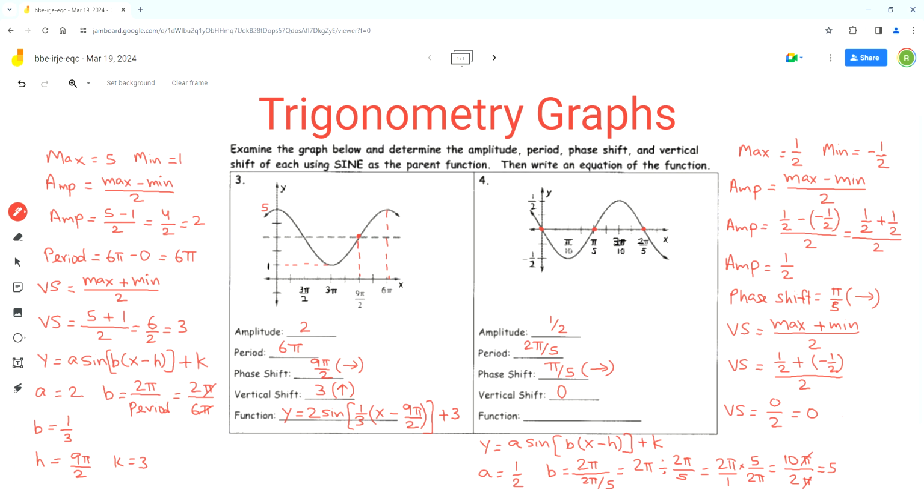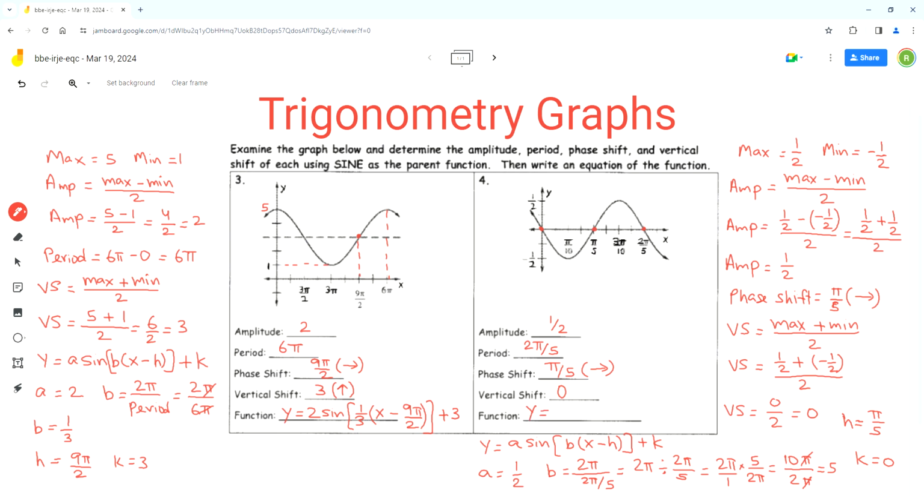Now the h value here is equal to pi over 5 because the phase shift is to the right side, so h is positive. And then the k value is equal to 0 because the vertical shift is 0. So now we can write the equation of this transformed function.